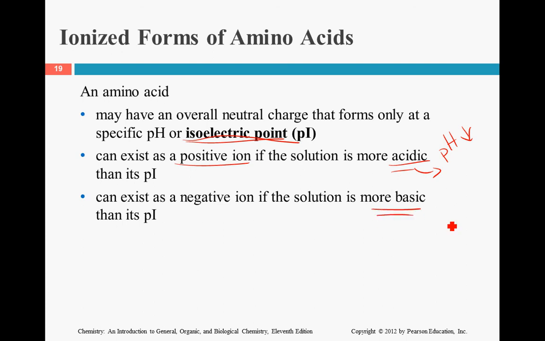If it's more basic, meaning the pH goes up, it gives it a negative ion. You may find it beneficial to memorize this rather than have to think your way through every single time. However, I'm going to explain to you how you could think it through.